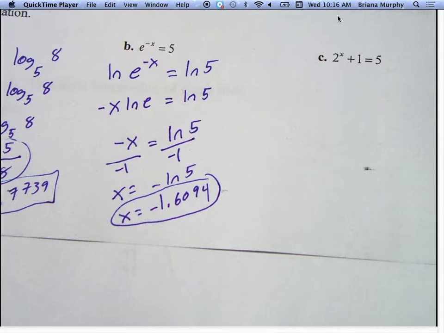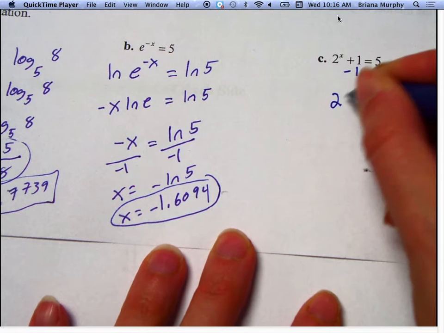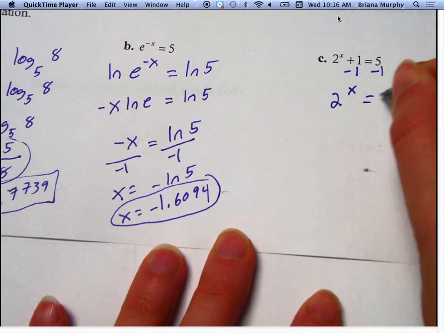Okay? For C, the first step I want you guys to do before you try this on your own is we're going to subtract 1 from each side. Don't forget to do that. 2x to the 4th.